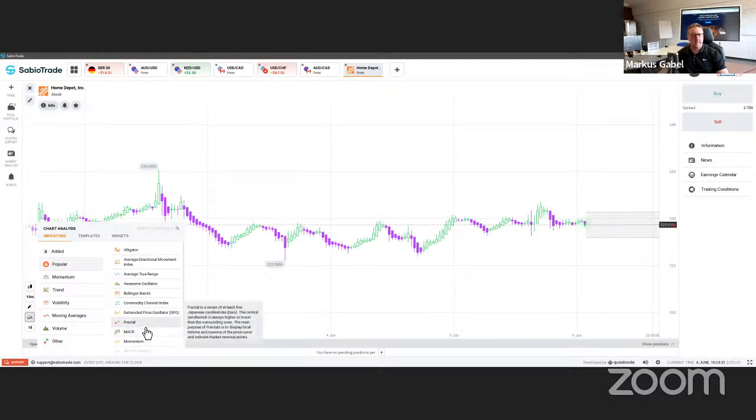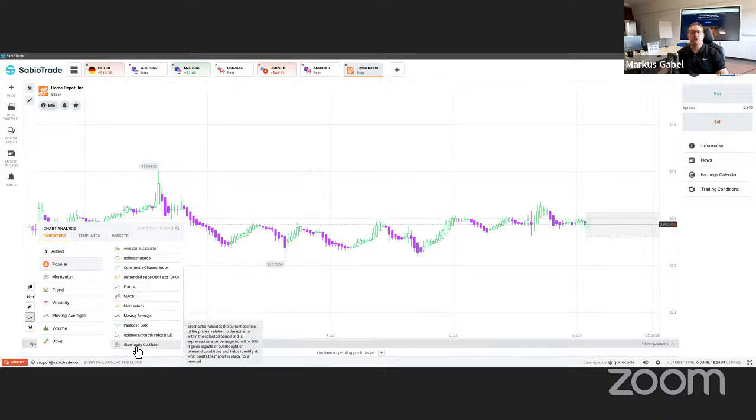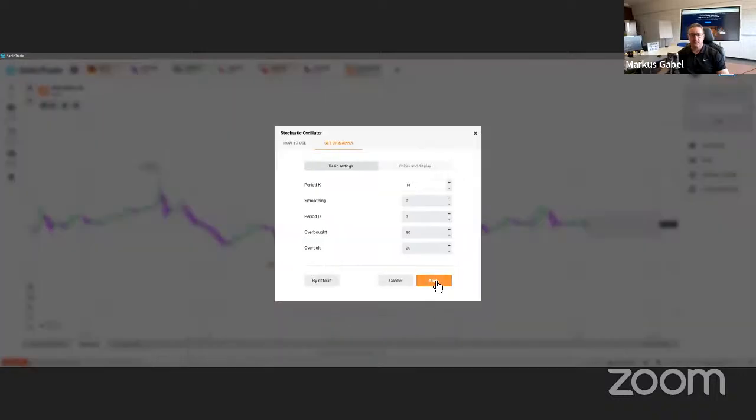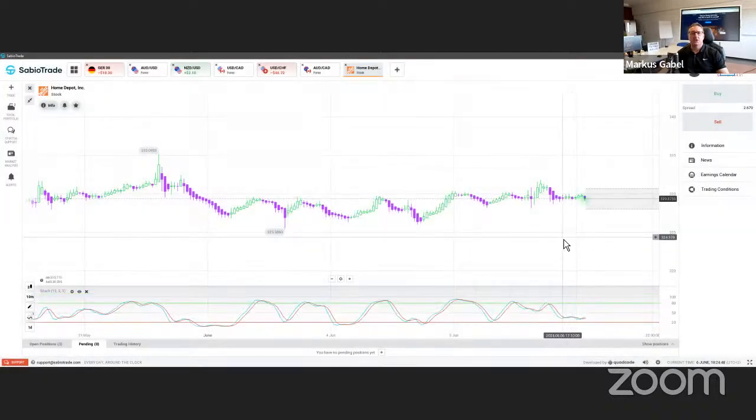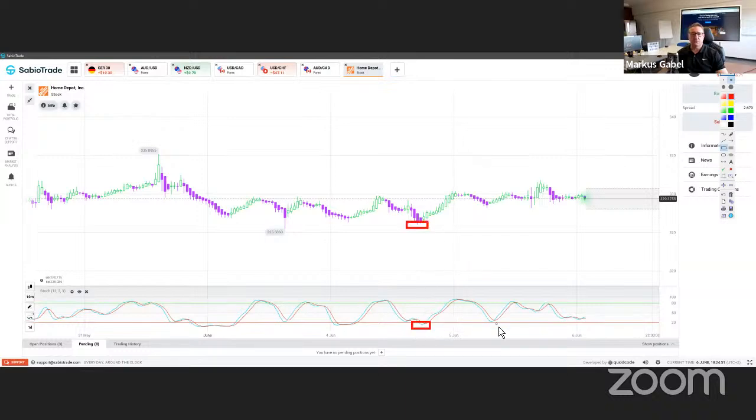No, let's see, do we have Bollinger Bands? Yeah, here Bollinger Bands. Very cool. And we have stochastic. Let's say stochastic. Let's take the normal one. And here you can see this stochastic indicator.